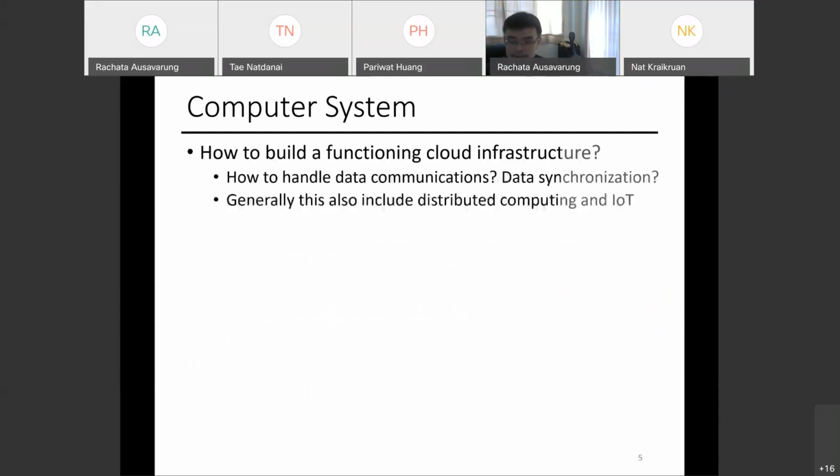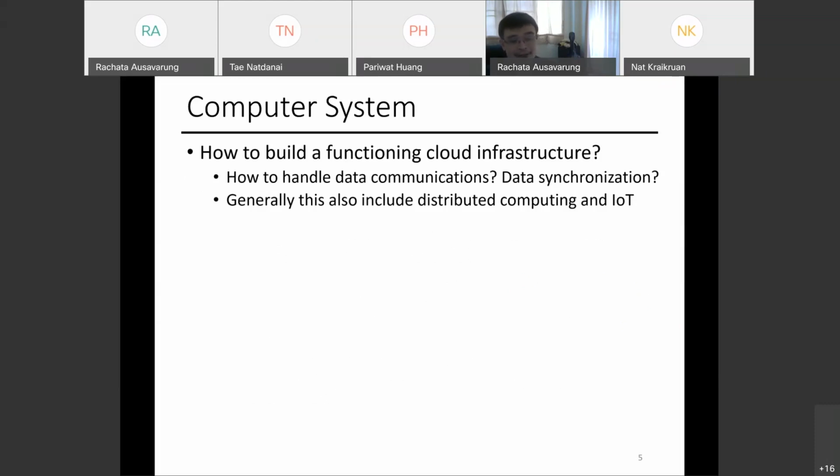What's more, if you want to build cloud infrastructure, I'm not talking about using the cloud, now I'm talking about building the cloud, right? It's possible. That's what Amazon is doing, that's what Microsoft is doing. I don't see why we can't do that. All the knowledge is already out there. But basically, you have to learn how to manage data communication, how to synchronize the data, how to build a functioning system.